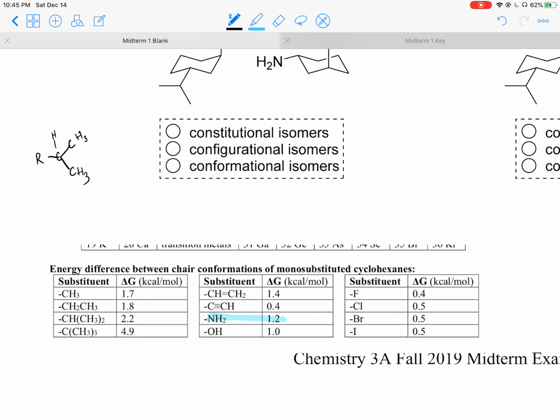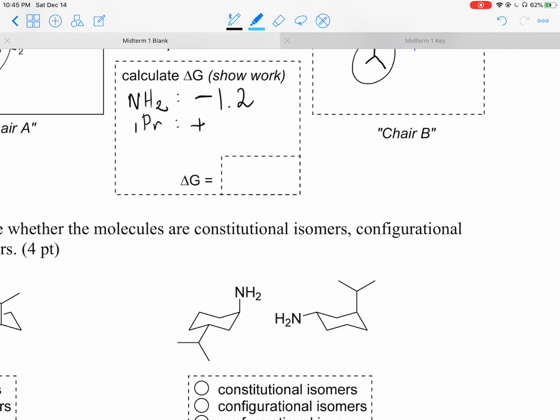We need to write that out because that's how it's going to be written here. And so that'll be this one right here, because it's CH and then 2 CH3 groups. That's exactly what we have here. This is the CH, and then these are the 2 CH3 groups. So we're going to add 2.2.